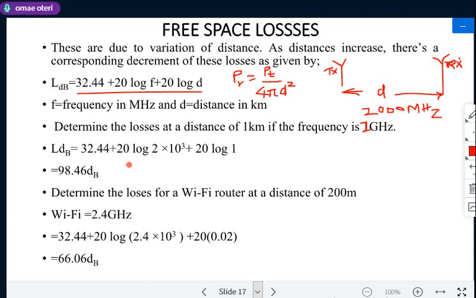Yeah, so it's 98.46. Please note that this value is for 2 gigahertz. That's what will give us that.